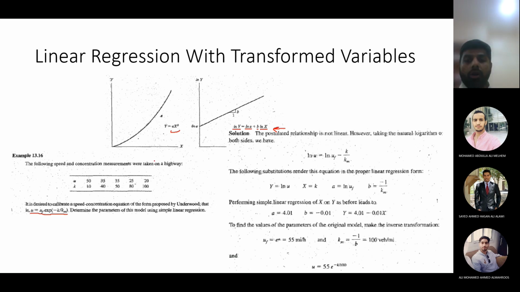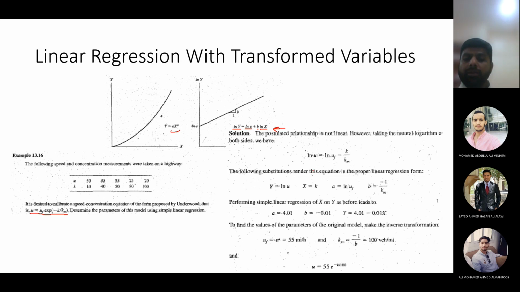When you take the log on the left hand side, it will become log of u, simple. If you take the log on the right hand side, it will become log of uf, minus, and then log and exponential will cancel out. So it will become k upon km, minus k upon km, because this was negative.